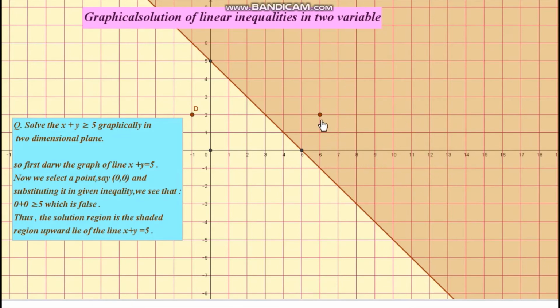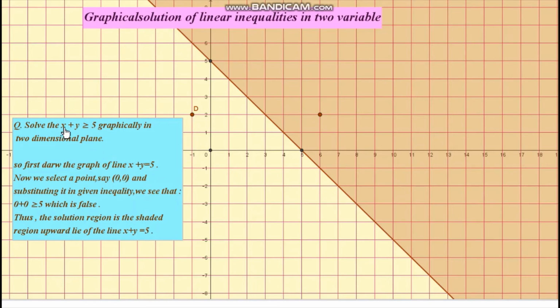Now if you see this point, the coordinate of this point is x is equal to 6 and y is equal to 2. If you put (6, 2) in this inequality, 6 plus 2 is 8. 8 is greater than or equal to 5, which means this point satisfies this inequality. But the coordinate of the point D is (-1, 2).